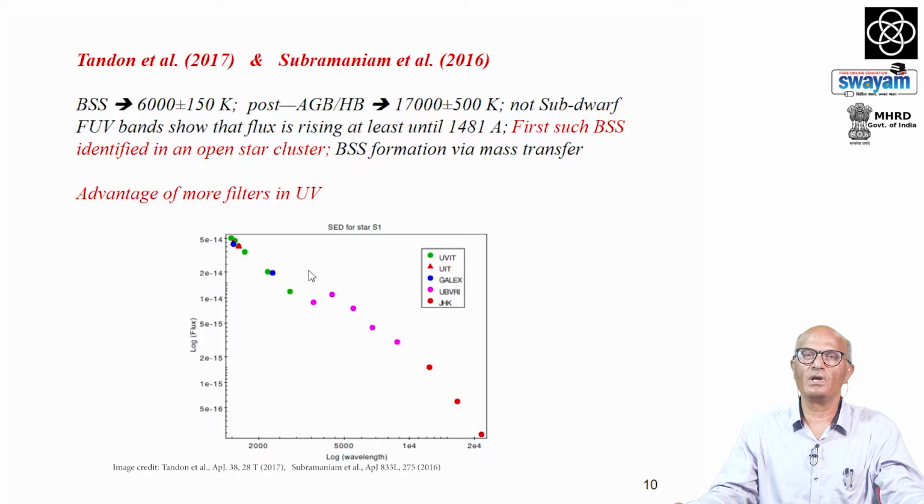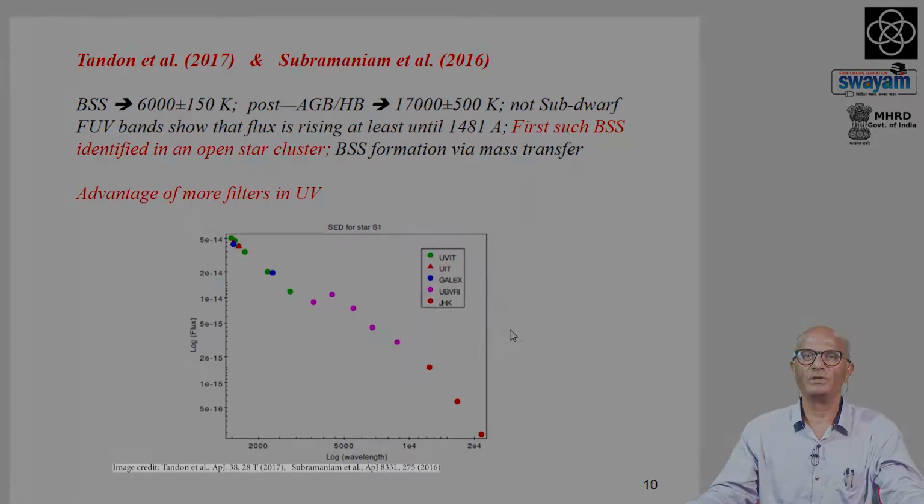If this multi wavelength data from UV had been absent, then it would have been difficult to constrain the temperature of this asymptotic giant or horizontal branch star. So, this is the advantage of UV.